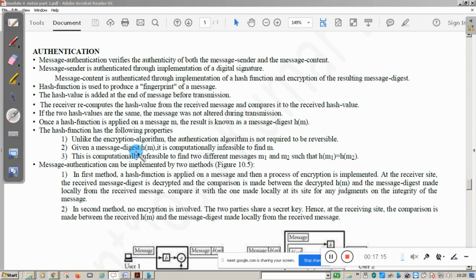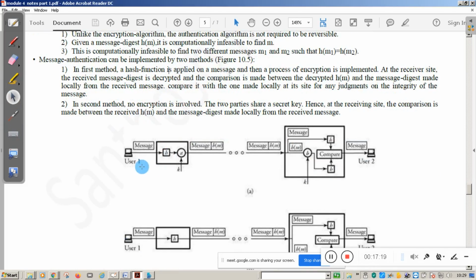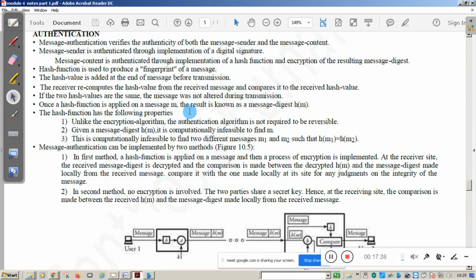So now we will see here in this diagram. Here you see, the user takes the message. He will apply the hash function to the message, and calculate the hash value, or what you call message digest, or one more name given here, fingerprint of the message.